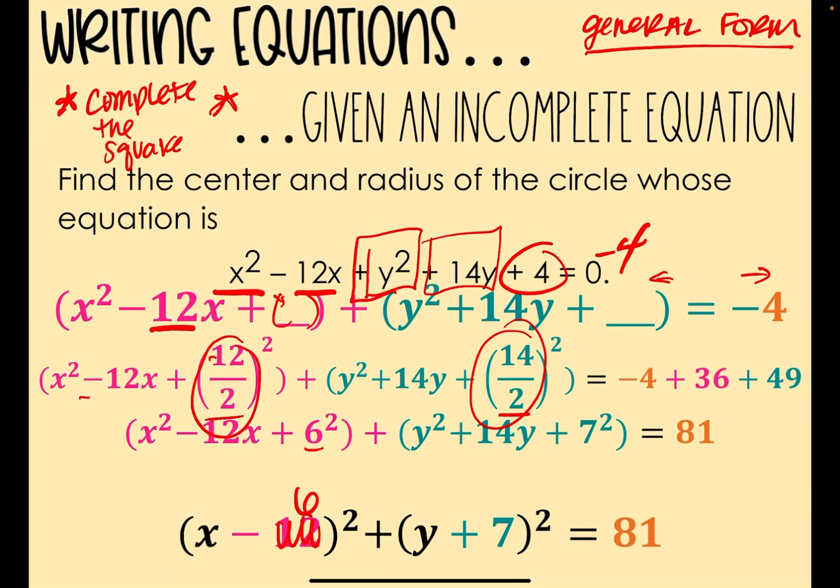And then it's y plus 7 squared, because you've got a plus in that number that's being squared. 81 is what we got here by doing 36 plus 49 and subtracting that 4. If you were asked, the radius for this is 9. You're not going to have a problem like this on your test except for as your bonus.